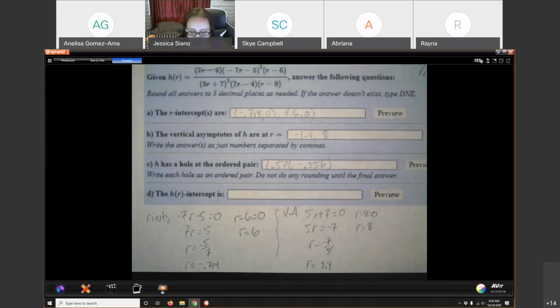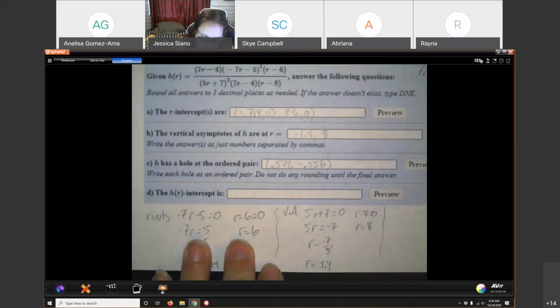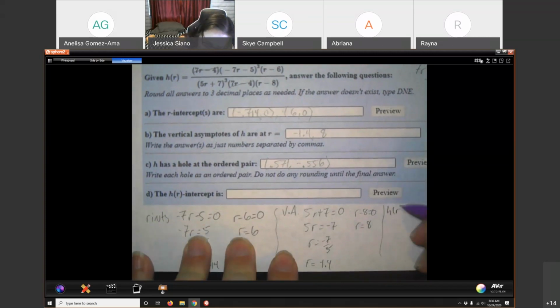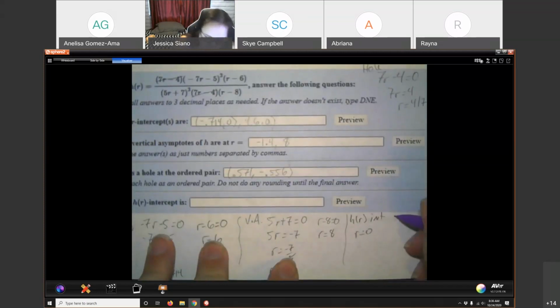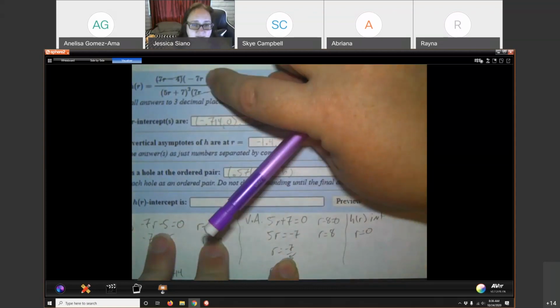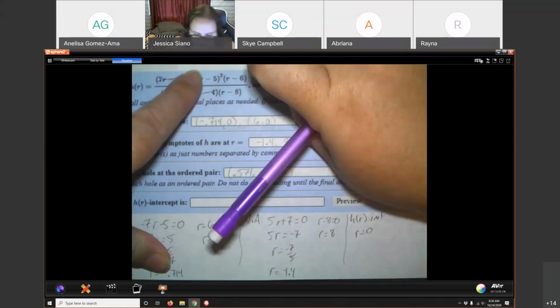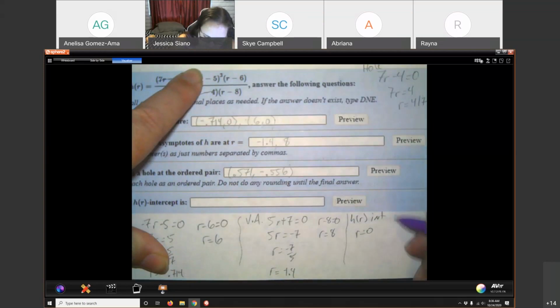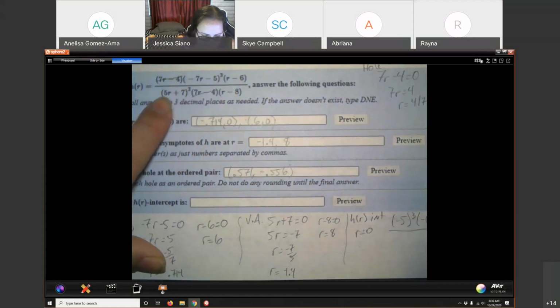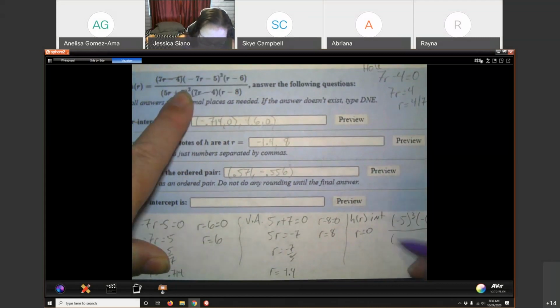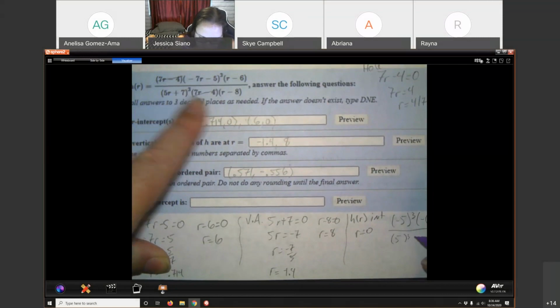And then the h of r intercept is going to be where r equals 0. So if I plug a 0 in here for -7r, that's going to become 0. So I would have -5 to the third, and then same thing here if I make that r, and then a -6 on the top, and then a +5 to the third, and a -8 on the bottom.